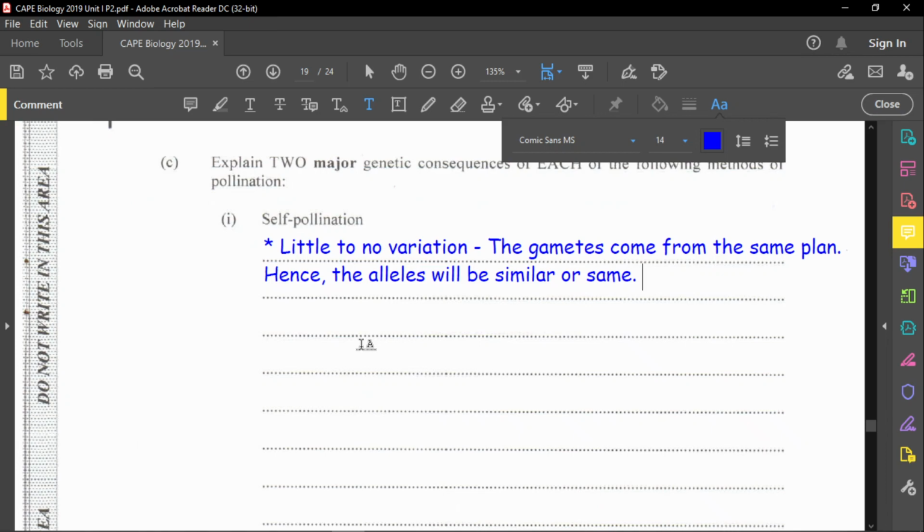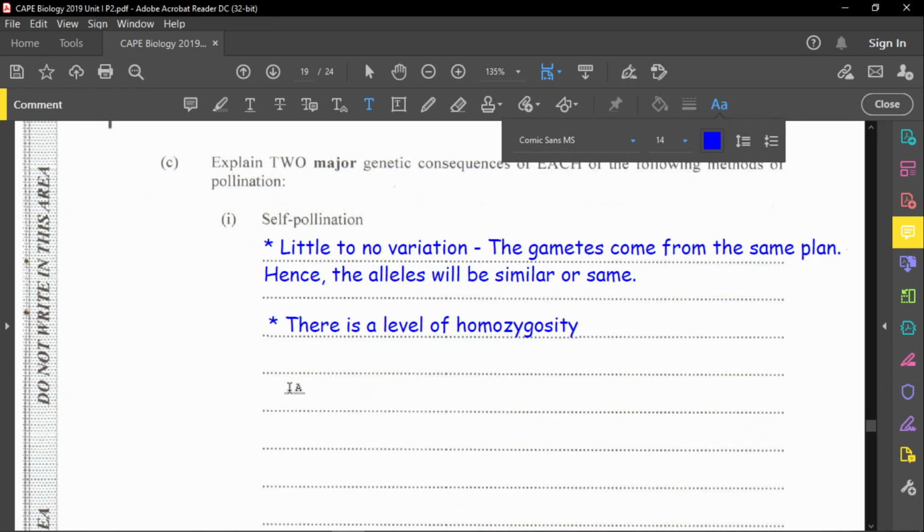And I'm going to give you a word for that, as a second point. There's a high chance of what they call homozygosity, a high level of homozygosity, which simply means that the genotype will tend to be the exact same thing.